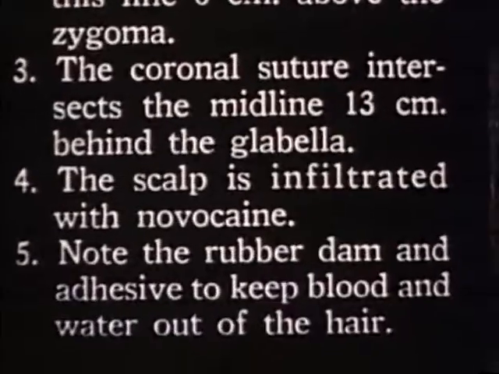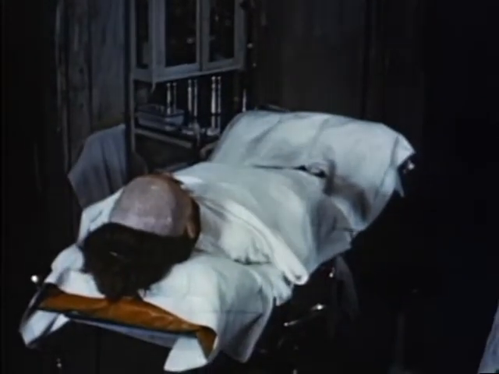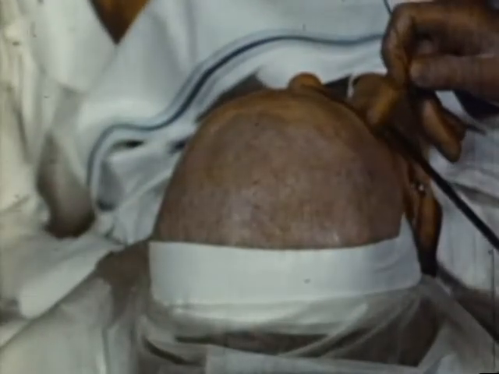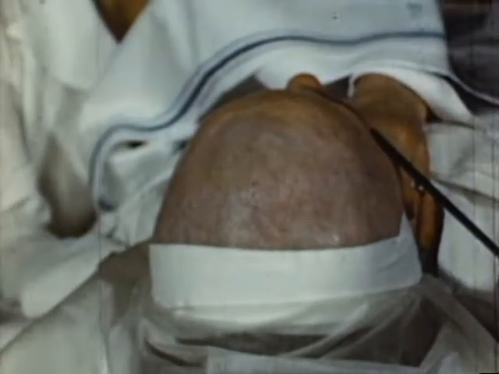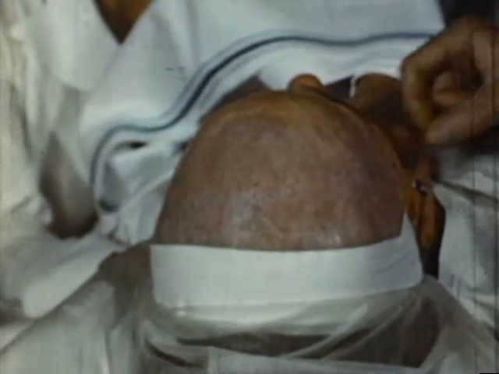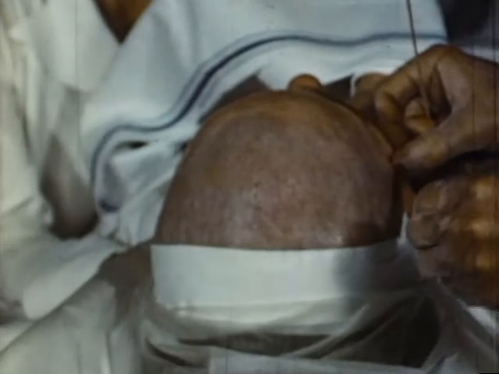The patient is lying on the table with his head shaved back as far as the vertex. The first mark is made 3 centimeters behind the lateral rim of the orbit, and then a cross mark is made 6 centimeters above the zygoma.